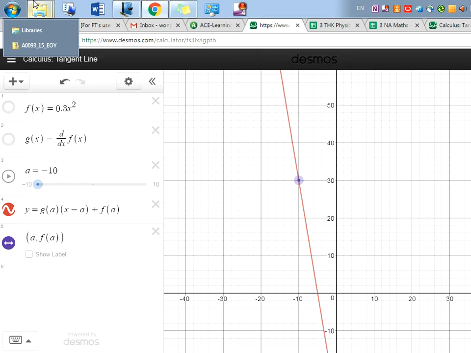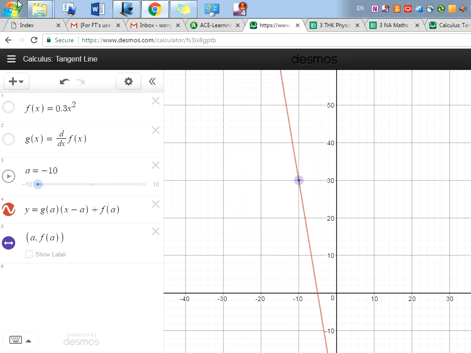So this is wrong. Likewise, this is also wrong. Okay? Now let us just do a quick practice. I want you to look at the curve at the bottom. Let us try to draw the tangent line at this point.